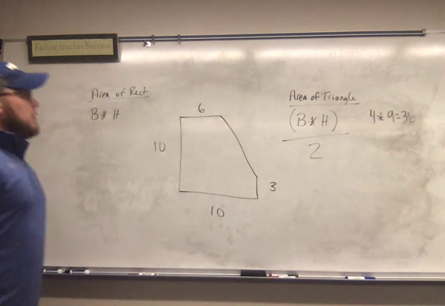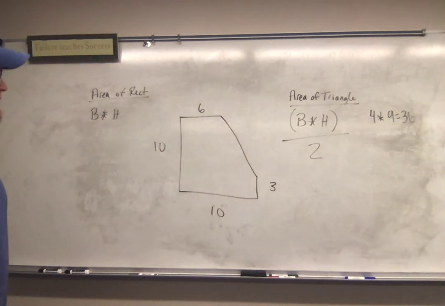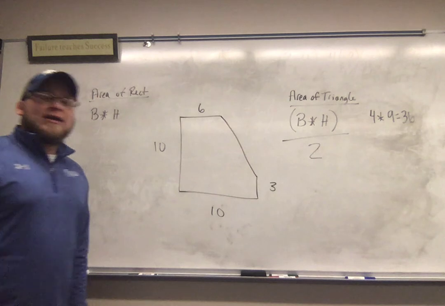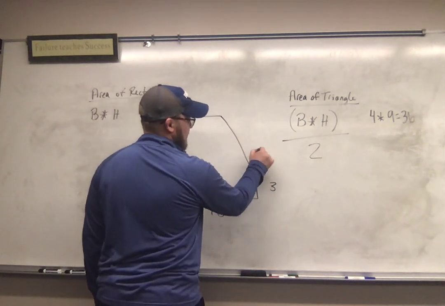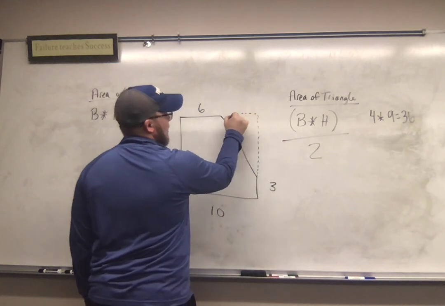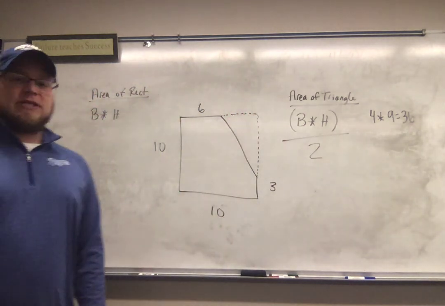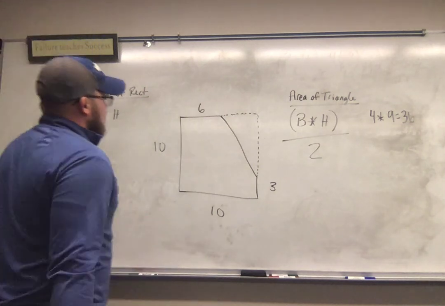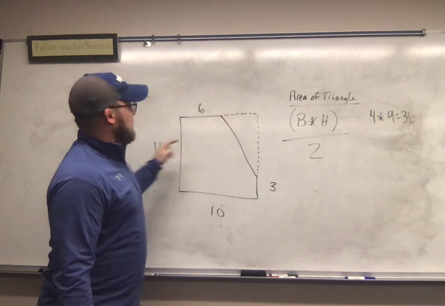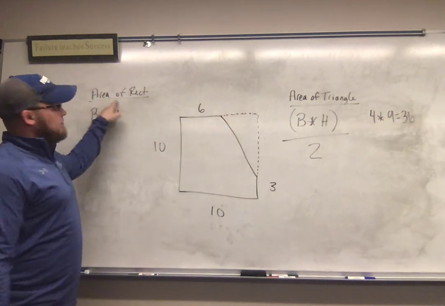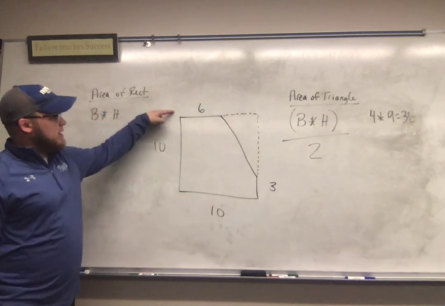So as I like to see, I like to look at this as, this is really a rectangle, but it's missing this corner piece cut out of it. So the dotted line that I just made is the spot that's cut out, right? So I view this as a whole rectangle with a slice off of it, okay? And we know in the whole rectangles, if you're doing the area, you do the base times the height.